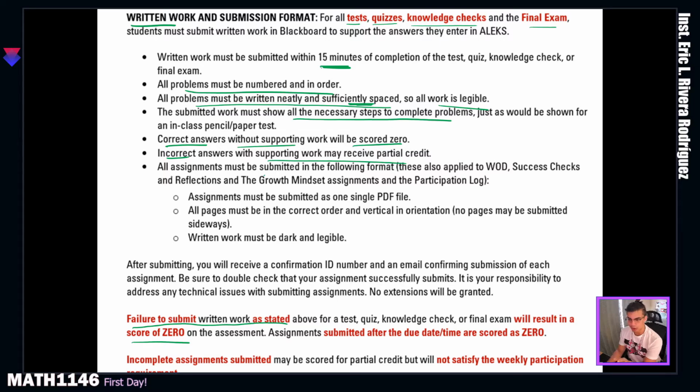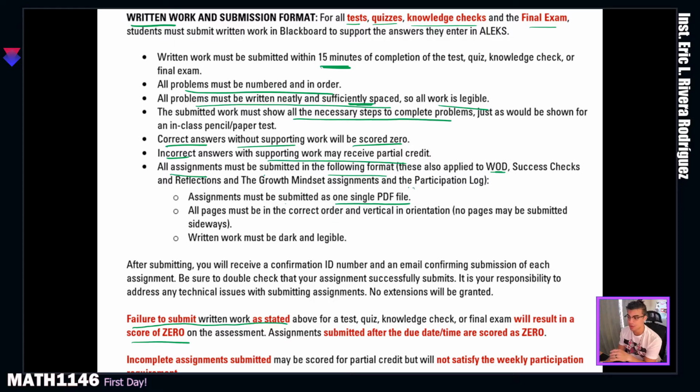Okay, for all assignments, there is a format that you need to follow. That includes the assignment, workshop of the day, success and reflections, the growth mindset, and the participation log. All those assignments will be submitted as one single PDF file.